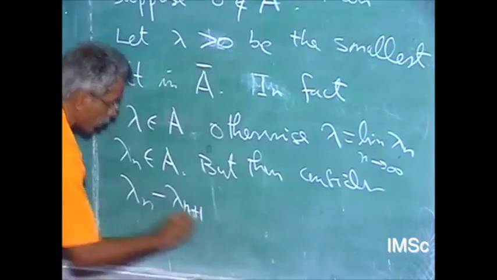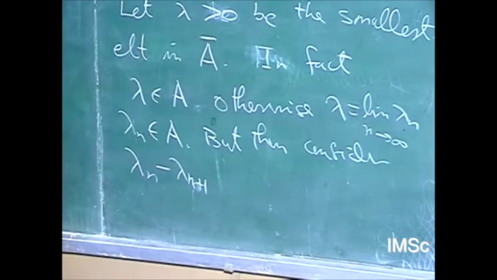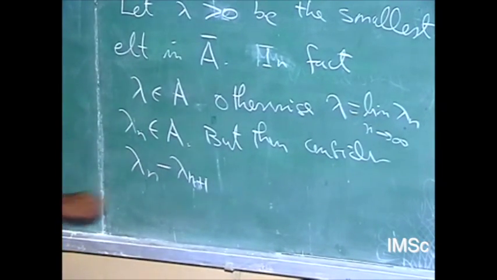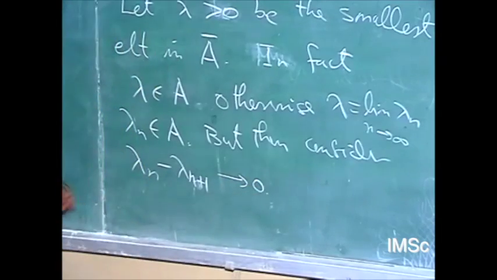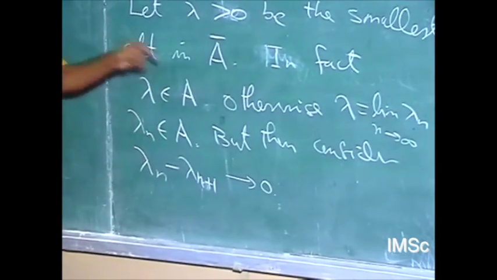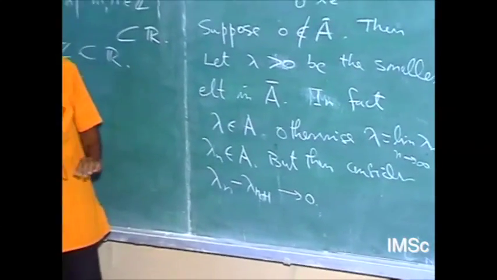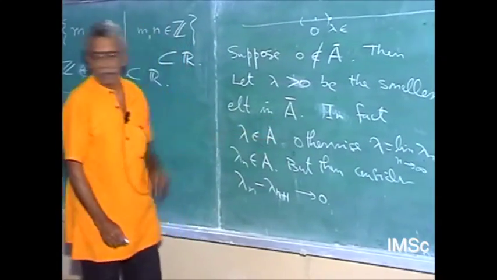Because A is a group, this difference will belong to A, and it goes to 0. So we have a sequence of points going to 0, which means 0 would be a limit point, contrary to the hypothesis. So lambda belongs to A.